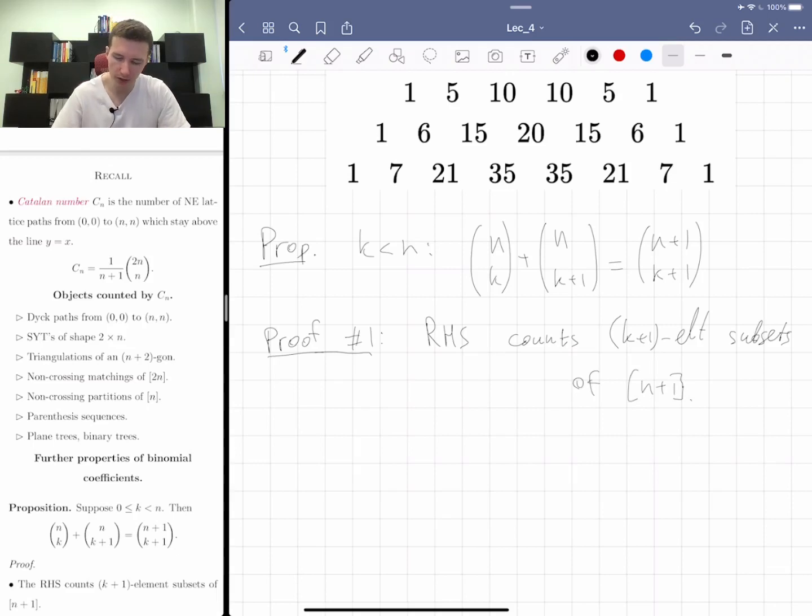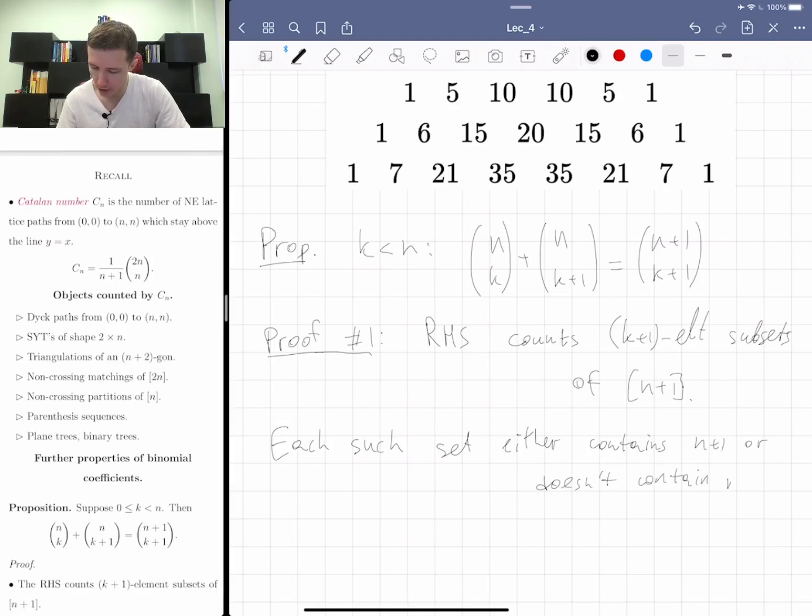Now, hopefully the left-hand side counts the same objects but in a different way. And indeed, you consider two cases. You look at each such k plus 1 element subset of the n plus 1 set, which either contains n plus 1 or doesn't contain n plus 1.